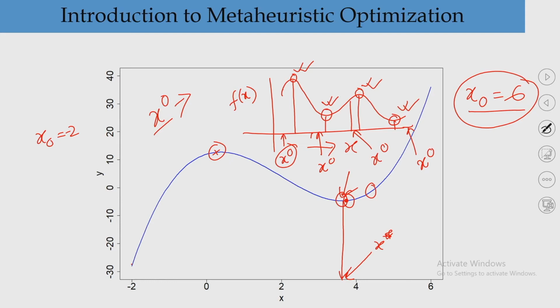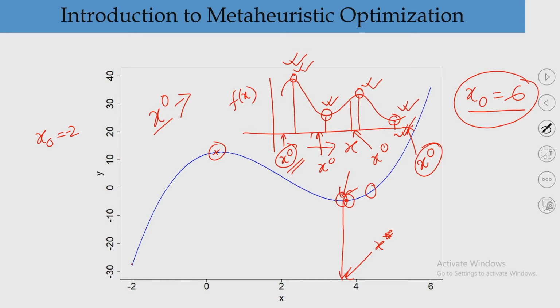So, therefore, for a non-convex problem, or if you have more than one optimal solution of a particular function, these algorithms are highly sensitive to the initial point supplied to the algorithm, is not it. So, depending upon the initial point, if you supply this particular initial point, then you may get the global maximum of this function, and if you give this particular point as an initial point, then you may get the global minimum of this particular function.